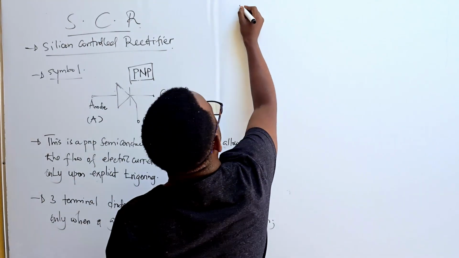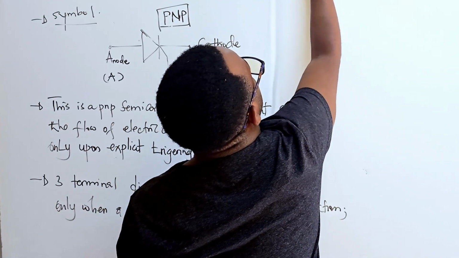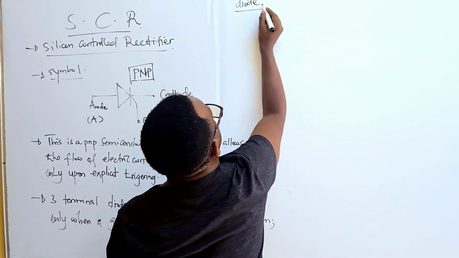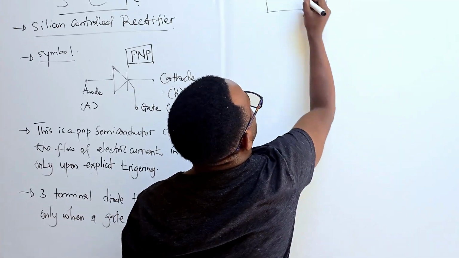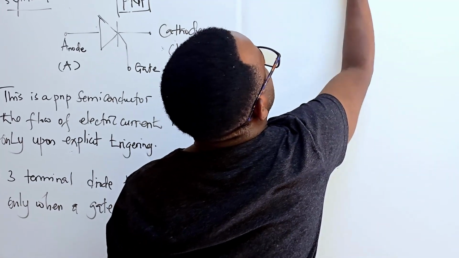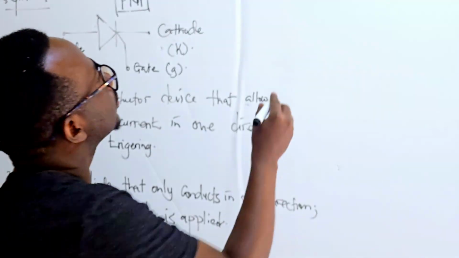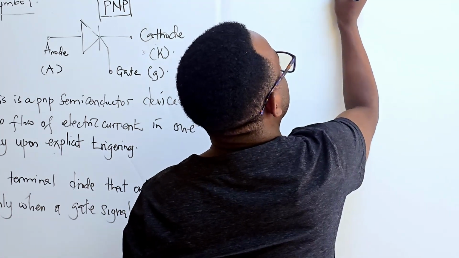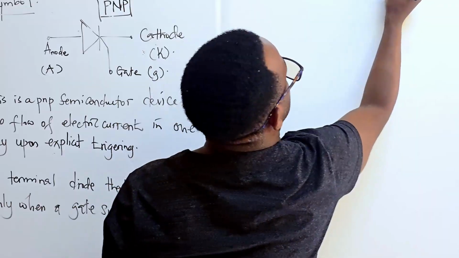So unlike our ordinary rectifier diode, that is made of a simple P and N substrate, right? So this is a two-layer device.